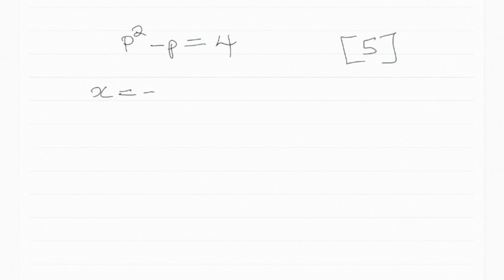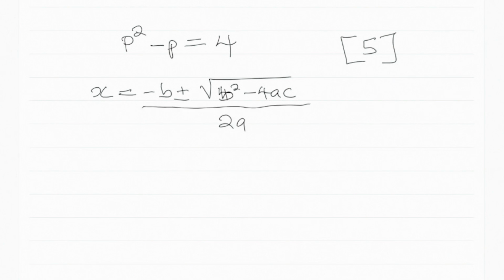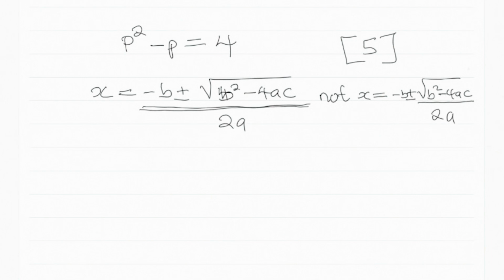And the quadratic formula is given by x equals negative b plus or minus the square root of b squared minus 4ac, everything over 2a. I'm emphasizing everything over 2a, and not x equals negative b plus or minus square root of b squared minus 4ac, then the division line ends there.